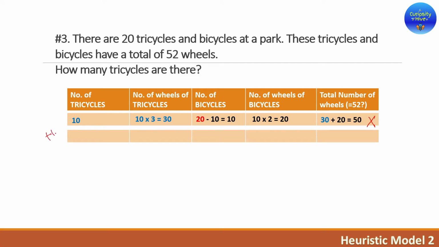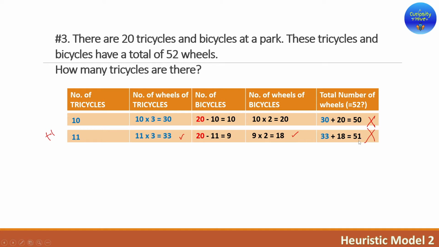So in the next row I will take 11 tricycles. 11 tricycles means 11 times 3, 33 wheels. The number of bicycles will be 20 minus 11, which is equal to 9. And for these 9 bicycles, the number of wheels is 9 times 2, which is 18. Now let's add 33 and 18. Well, this gives us 51, which is still not correct because it does not validate the condition.